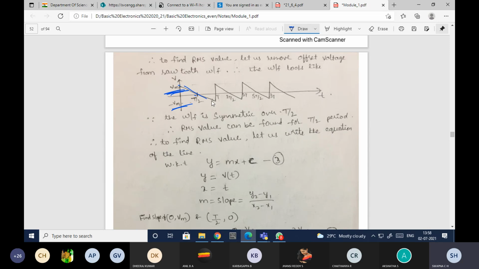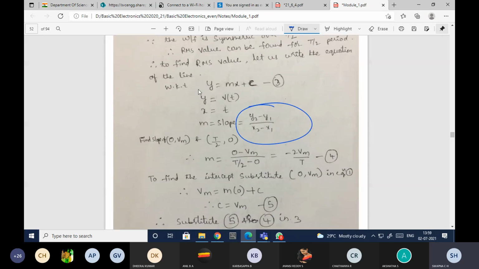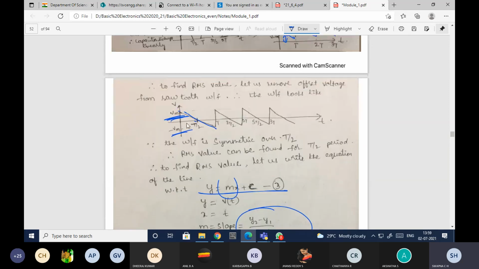Now you need to find the equation for this straight line. The equation is found by using y equals mx plus c, where m is nothing but the slope I have calculated. To get the intercept c, I have substituted the point 0, Vm, because if you observe, the line is passing through the point 0, Vm.